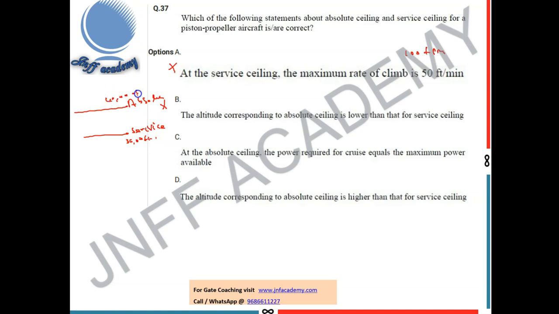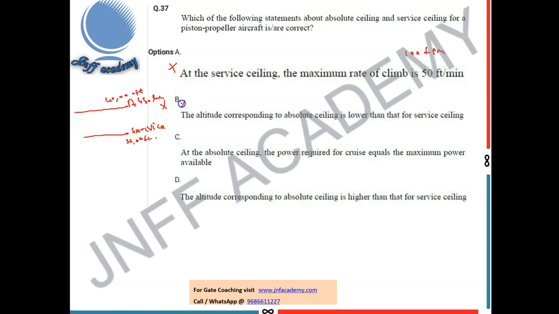I'm just putting some numbers, okay? So the service ceiling is always at a lower altitude compared to the absolute ceiling, because the service ceiling is where you are allowed to fly. Absolute ceiling is where you will not have any excess power. The power required by the aircraft will be the maximum power available. So we will always fly at the service ceiling.